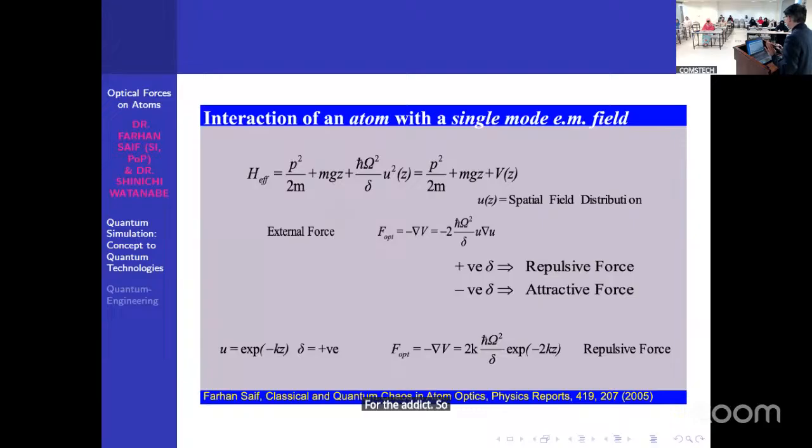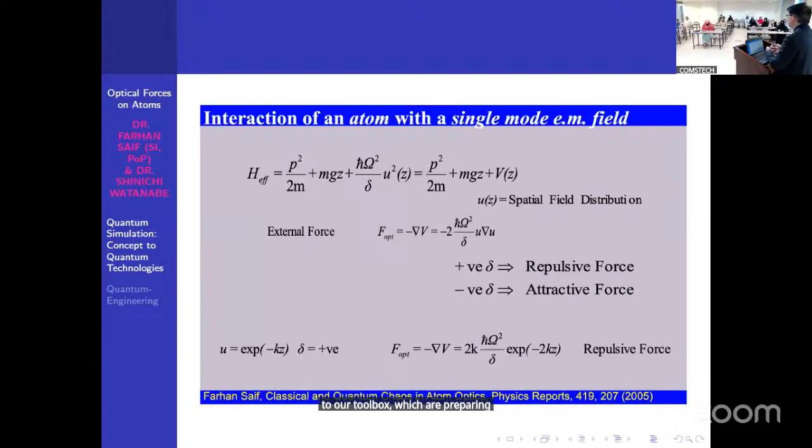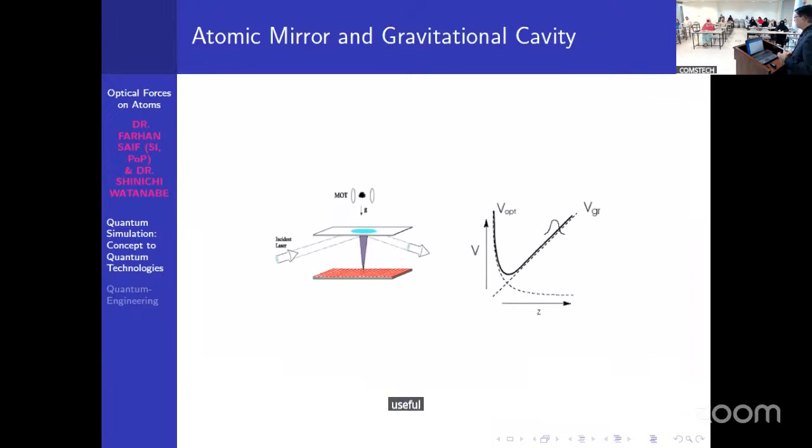So it's very simple. This is something which is going to add one more component to our toolbox, which we are preparing to control the dynamics of atoms, ultra-cold atoms. So this makes it interesting to make useful cavities for the atoms.